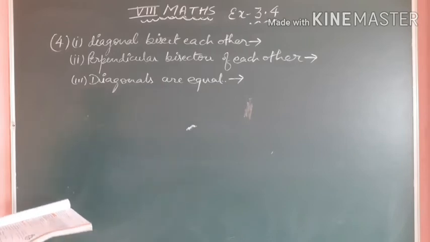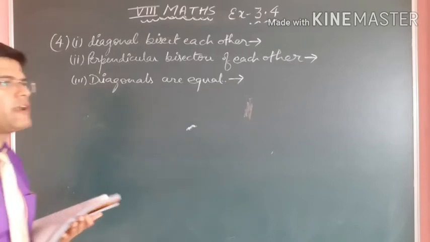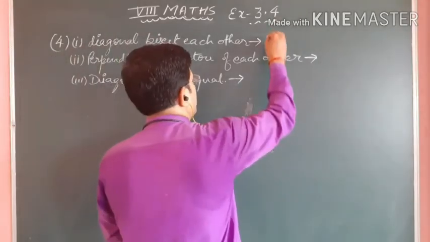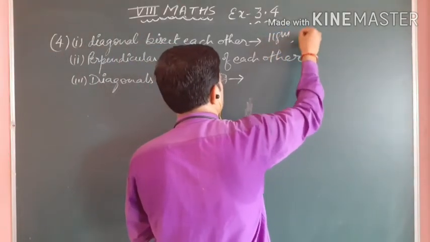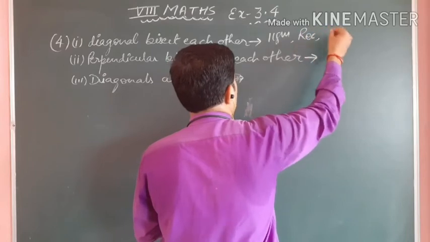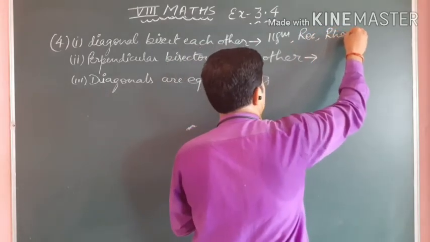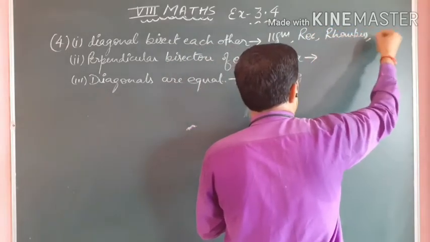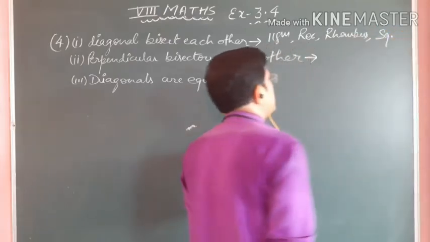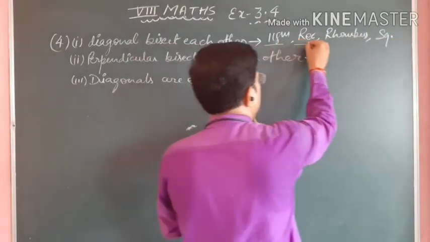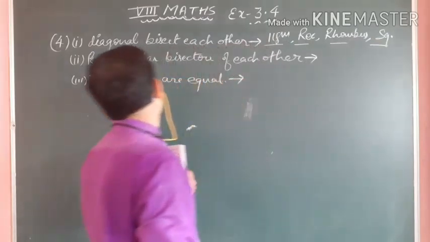Now in the first sum of question 4, diagonals bisect each other. In how many quadrilaterals do diagonals bisect each other? Parallelogram, rectangle, rhombus and square. In these four quadrilaterals, diagonals bisect each other.